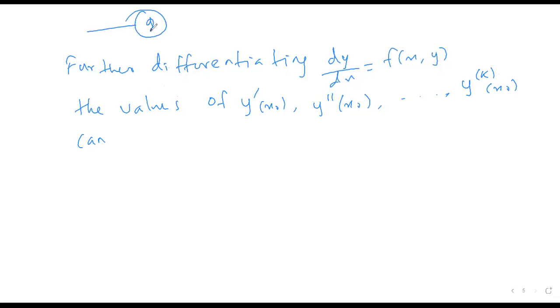I think 2, sorry, it's 2, because I have taken 1 already. So further differentiating, the values of y dash, y double dash, up to y k of x naught can be computed.